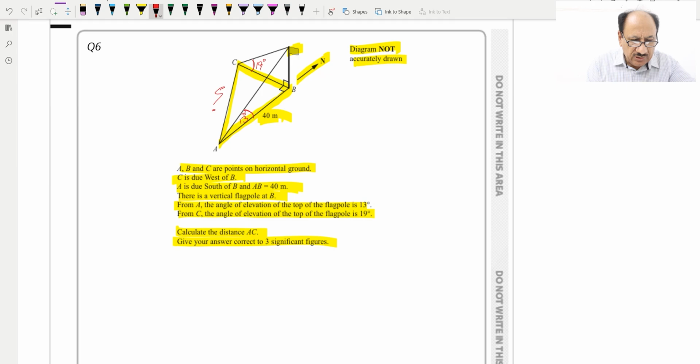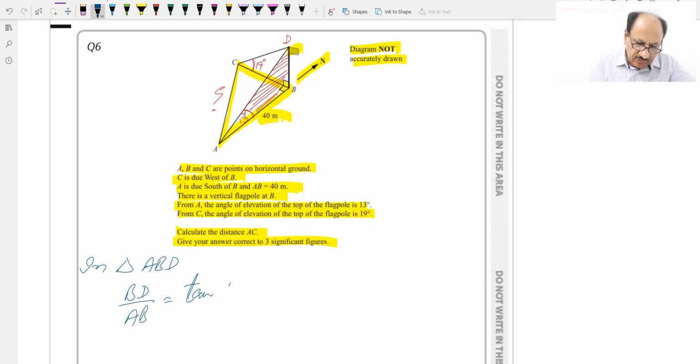So what we can do is, first of all, we will be considering BD. We can take basically this point as D. So we are considering this triangle. In triangle ABD, BD over AB is equal to tan of 13 degrees.